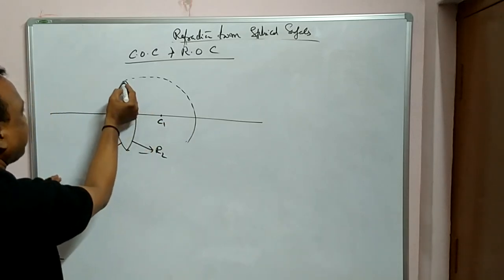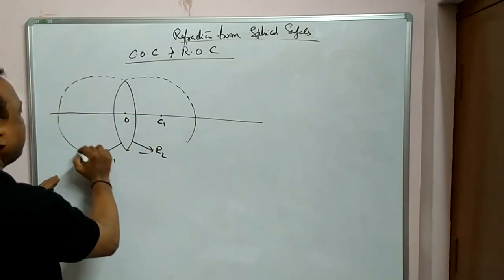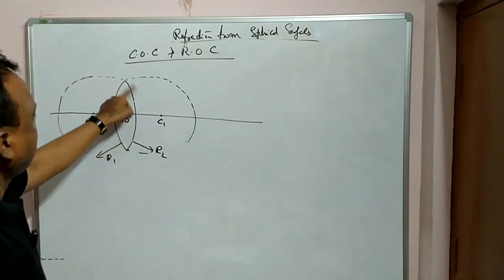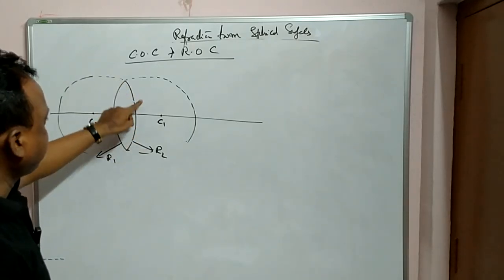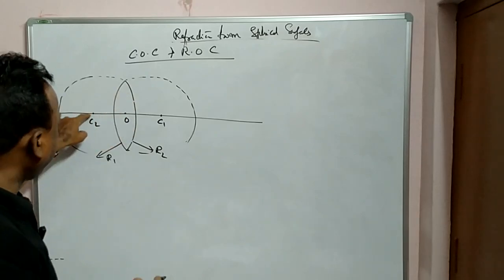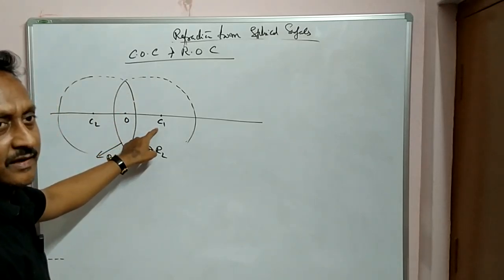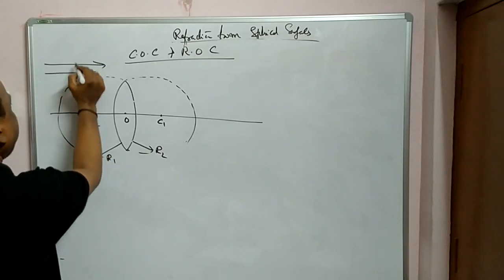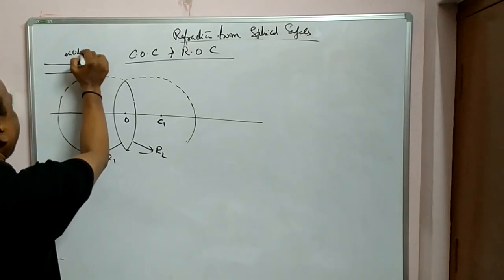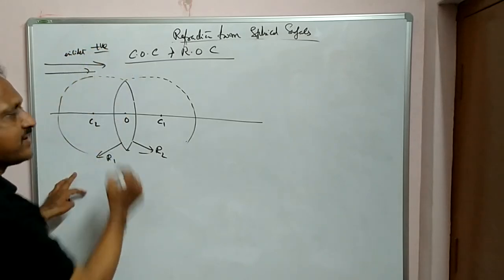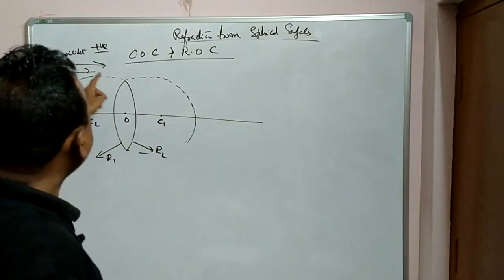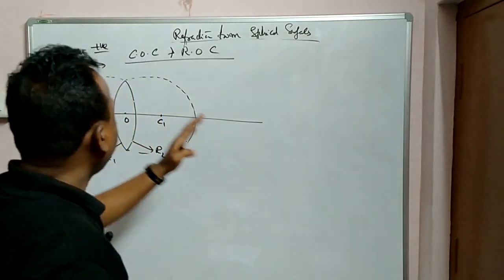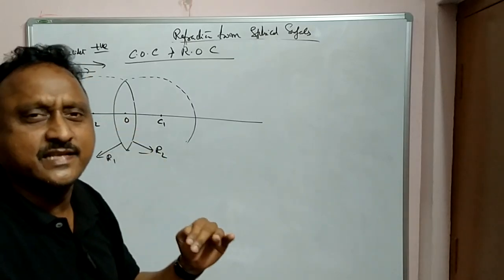In the same way, where is the sphere for this one? So for this lens, where is the center of this part? And make a note, this is the incident light. Along the incident light, as I told you in the sign convention, is taken as positive. Whichever is toward the incident light is taken as positive and opposite to the incident light is taken as negative.